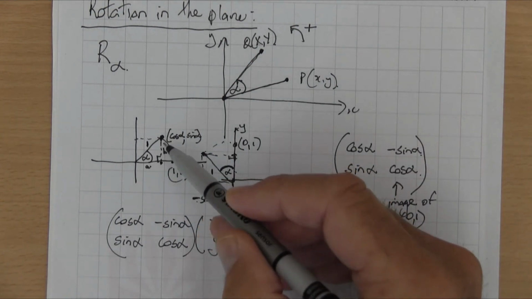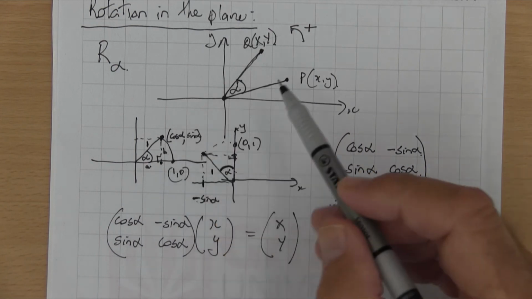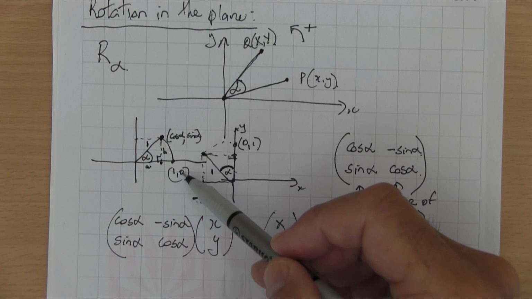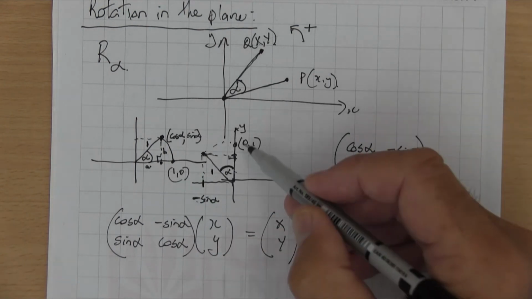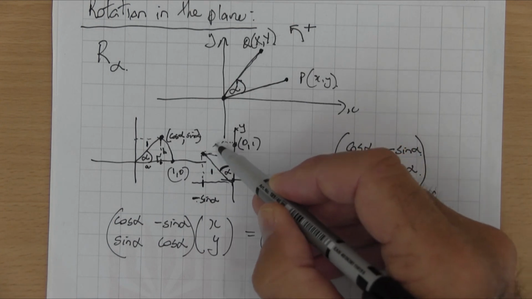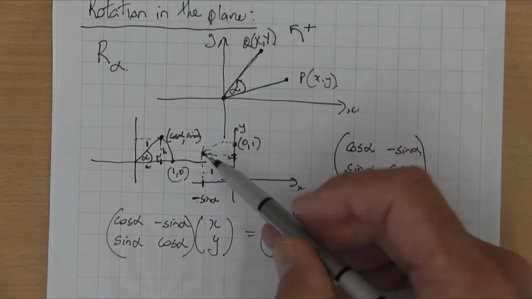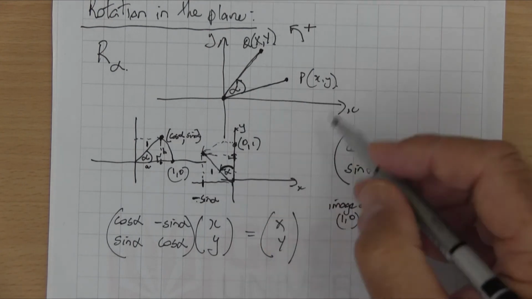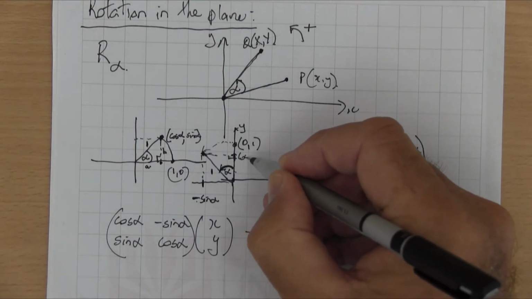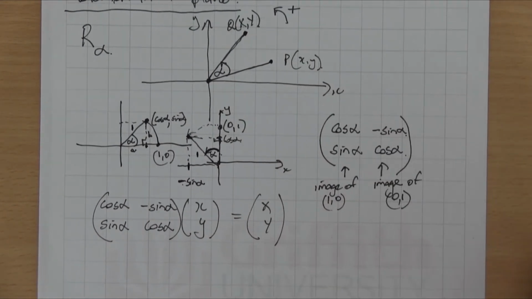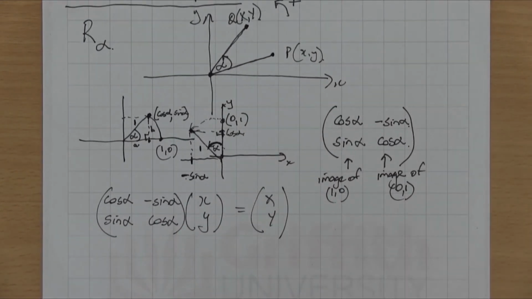You can just use a simple little diagram, a triangle there, and work out the coordinates of the image after rotation of alpha, the image of the point 1, 0. And then you look at the point 0, 1 after a similar rotation of alpha in the positive direction, work out the coordinates of that point. That works out to be cos alpha up there, the y coordinate. You put those values in the columns, and that gives us our transformation matrix.